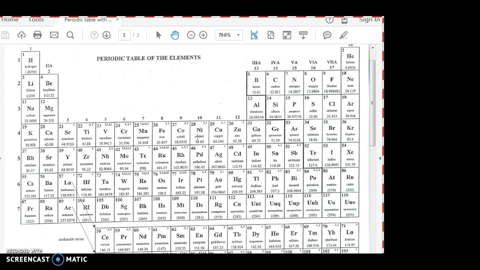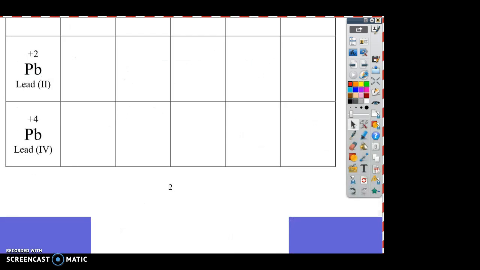So it's a little easier working with sodium than working with something like lead that could be a +4 or a +2. That's why I wrote it as +4 and +2. The way you designate between those is by using a Roman numeral. So I have it as lead 2 or lead 4, and the Roman numeral just refers to the oxidation number.